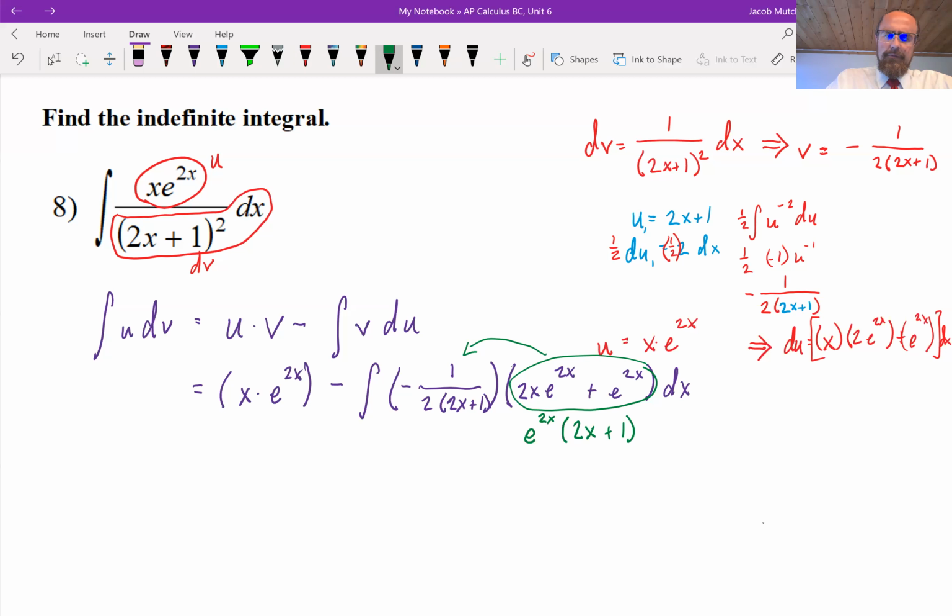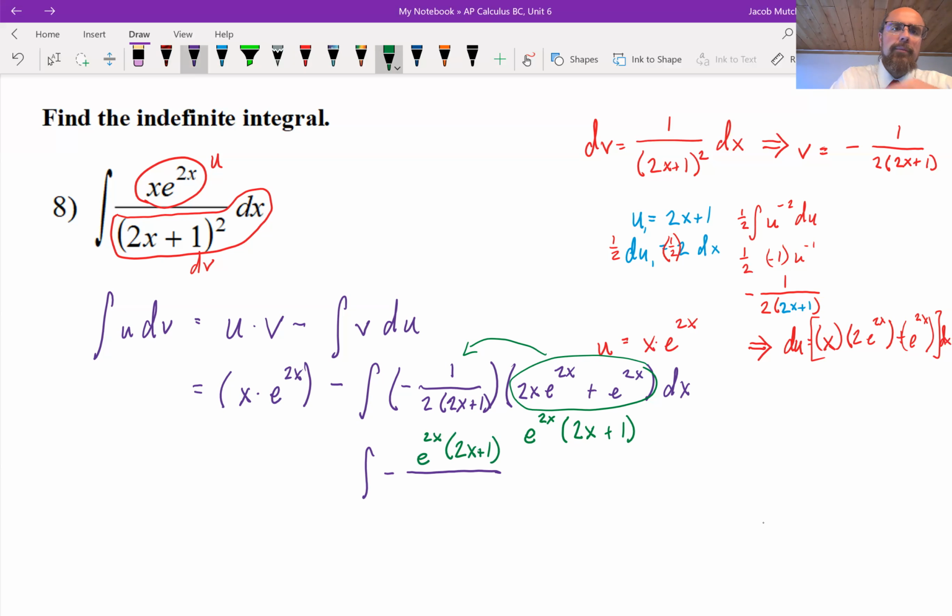Now, keeping in view how that's going to help, that's going to make this the integration of negative. I'm going to let this green version multiply times 1 in the numerator. So e to the power of 2x times 2x plus 1.